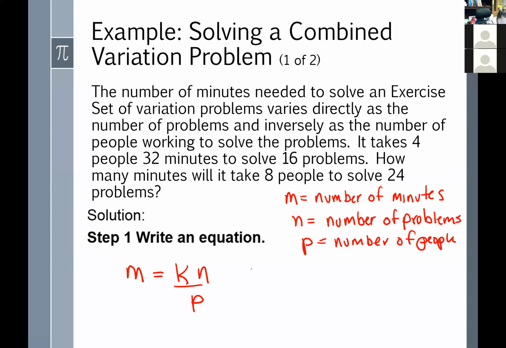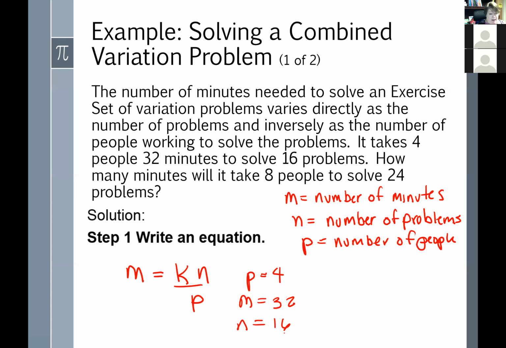So when P is 4, M is 32, and N is 16. So I can plug all those numbers in and find K.